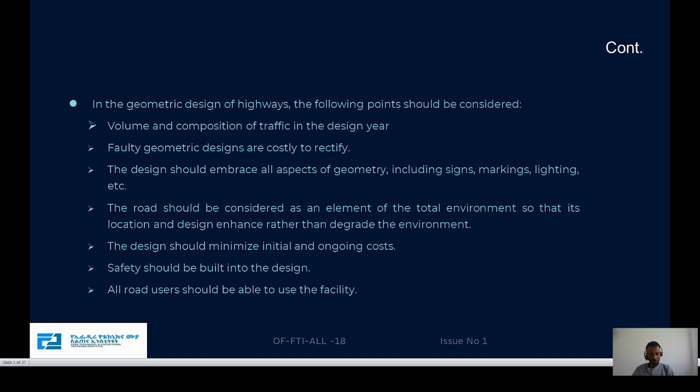The road will also be considered in its total environment, so that its location and design enhance rather than degrade the environment. It is very important to study the environmental impact assessment. The design should minimize initial and ongoing costs.